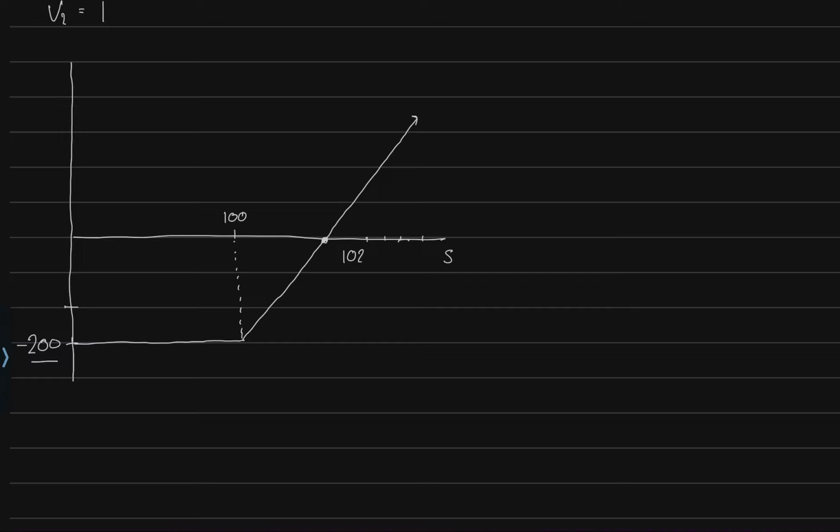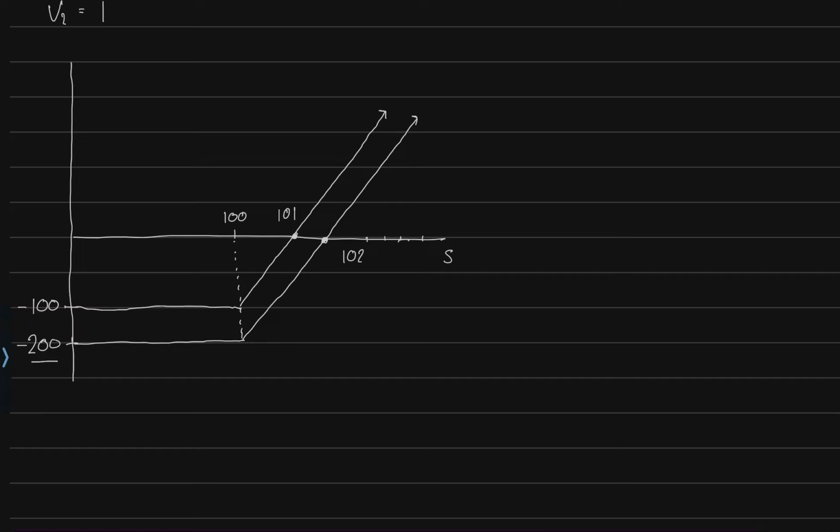Now, in the other case, where I'm thinking about V2, I would initially be down $100, obviously going up to the strike price. And then after that, I would also have a linear growth until I meet $101.